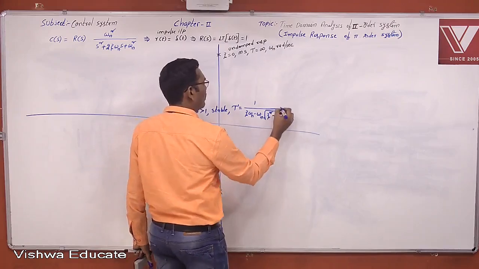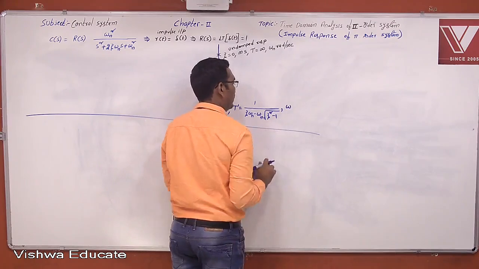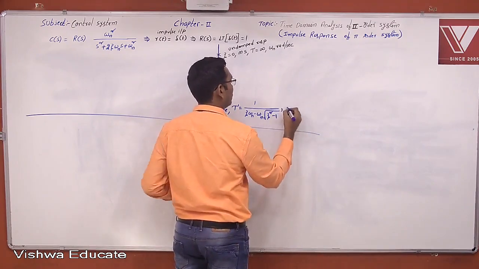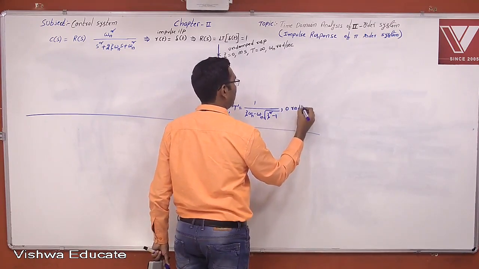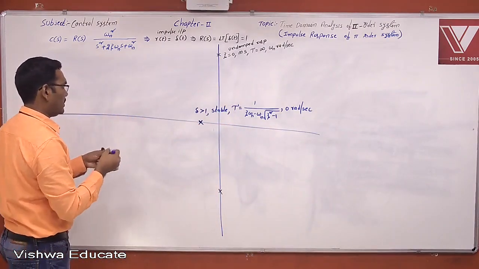All poles are on the left hand side, therefore no imaginary part, only real part, so the frequency of oscillation is 0 radians per second.